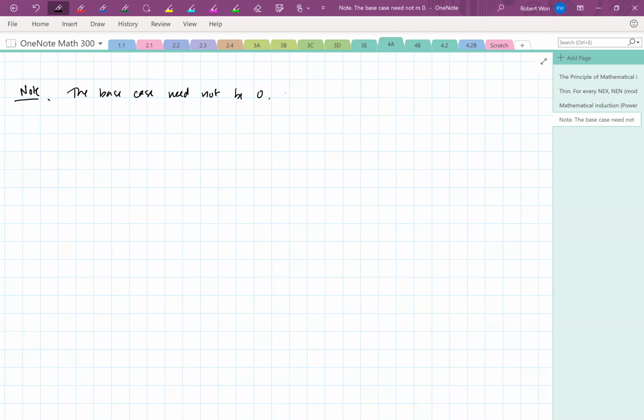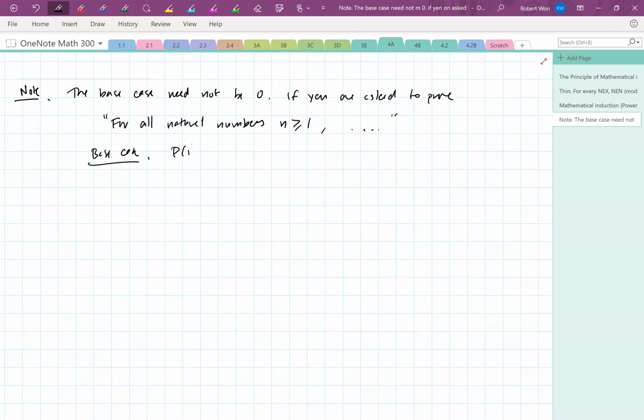If you're asked to prove something like, for all natural numbers n greater than or equal to 1, something is true, then what you can do is prove in your base case that P of 1 is true, and in your inductive step that if P of k is true, then P of k plus 1 is true for all natural numbers k greater than or equal to 1.